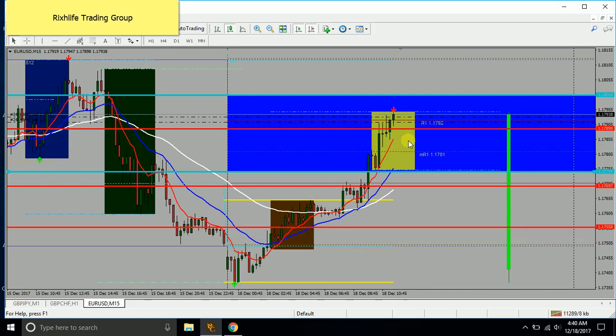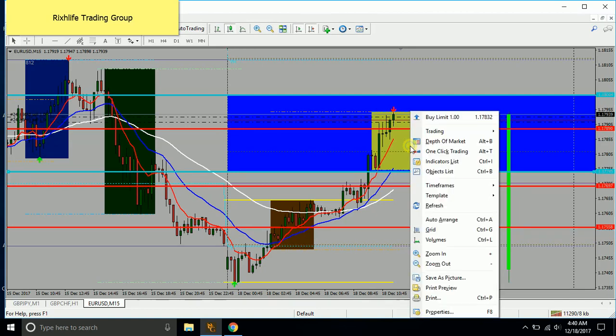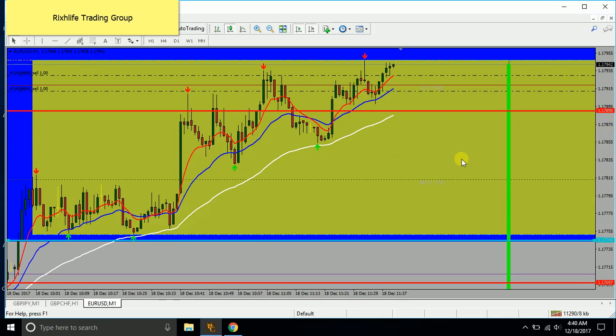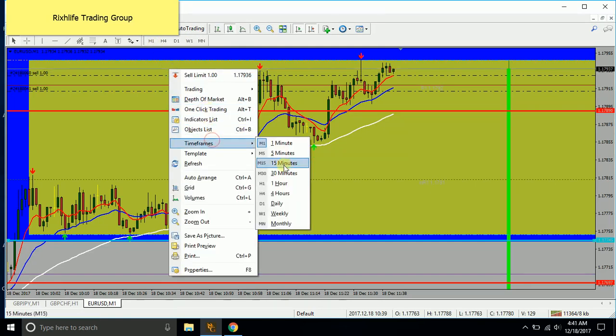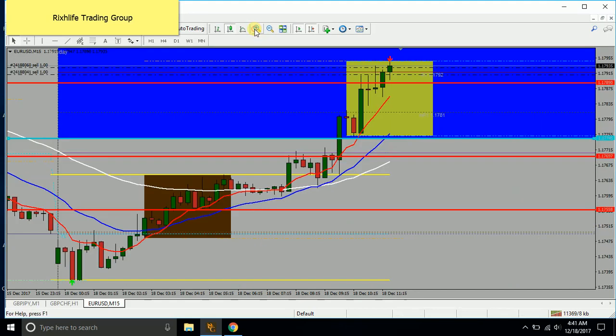Now over time, as you get more acquainted with the charts, you'll notice that the market really makes its major shift moves at these 15-minute turning points. So what I mean by that is that at 4:45, we'll see our major shift move, or we'll see it appear on one or two of these next 15-minute candles.